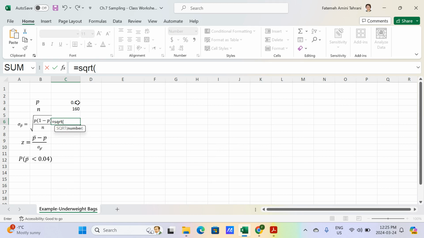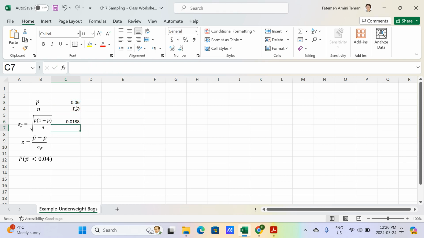P is 0.06 times 1 minus P. Then I'm going to divide by sample size 160. Then close the bracket. Look at here, it's the standard error of the proportion, 0.0188. I need that in the Z formula because Z is P bar minus P over this square root.